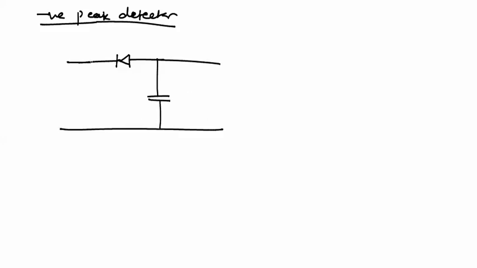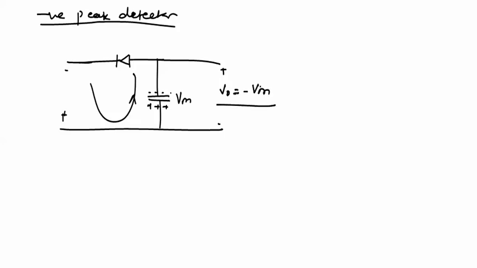In this circuit, the diode will be forward biased during the negative half cycle, and during the negative half cycle current will flow in this direction, and the capacitor will be charged up to this voltage Vm with this polarity, and the output Vo will be equal to minus Vm. So this is a negative peak detector.